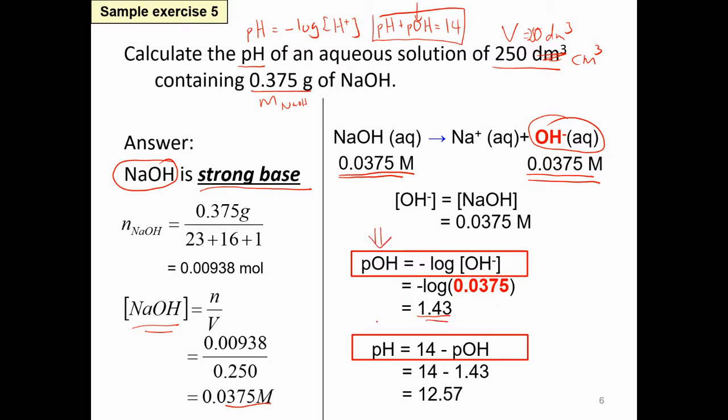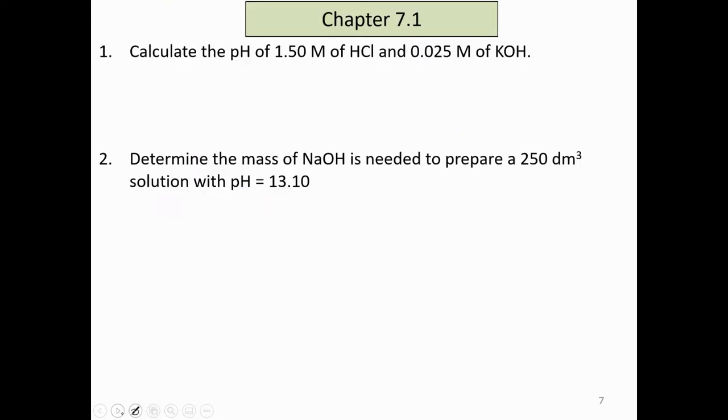After we find pOH, we substitute into pH equals 14 minus pOH. Then we will get the pH of a strong base. Then we see whether the answer is logical or not. A strong base pH will be greater than 7. So our final answer is 12.57. So it's logical.